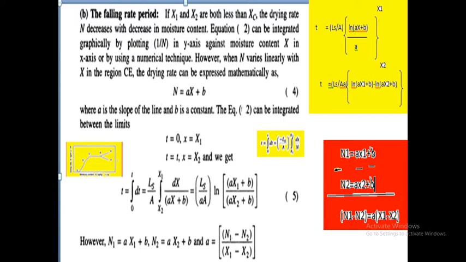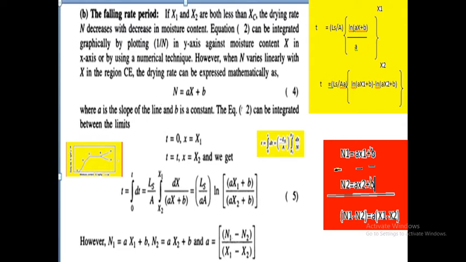So equation 2 can be integrated graphically by plotting 1 by N on the y-axis against moisture content, capital X, on the x-axis, or by using a numerical technique. So the time value can be calculated by two methods. One is the numerical method, another one is the graphical method.